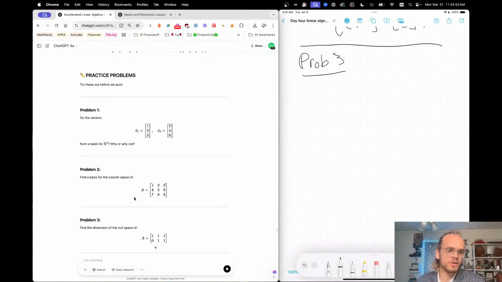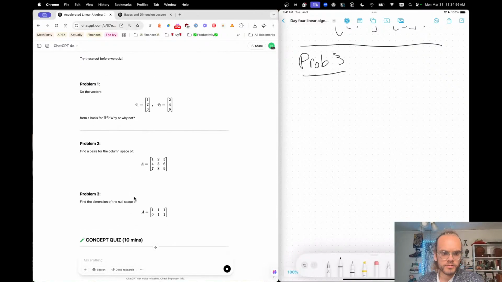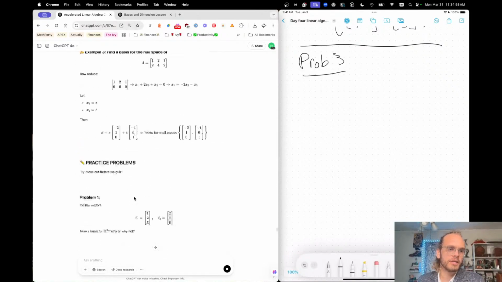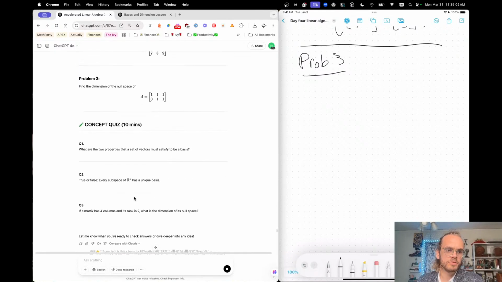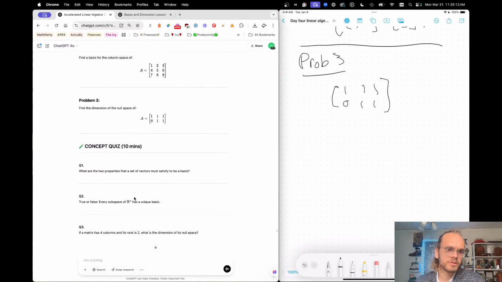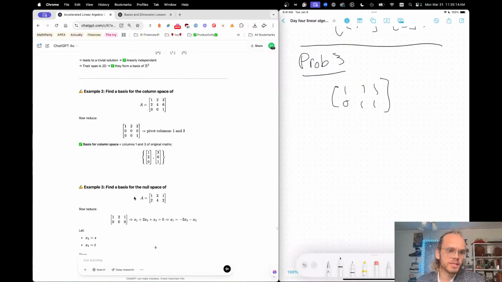So we have this right here. What I need to do first is row reduce. So initially it was 1, 1, 1, 0, 1, 1. Is that already row reduced? I kind of feel like it is. Let's say that it is row reduced.